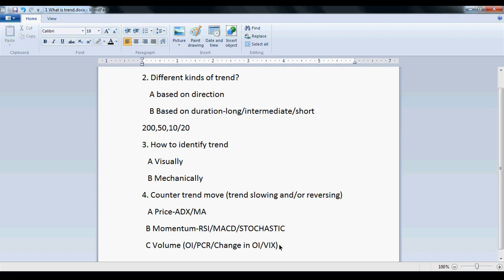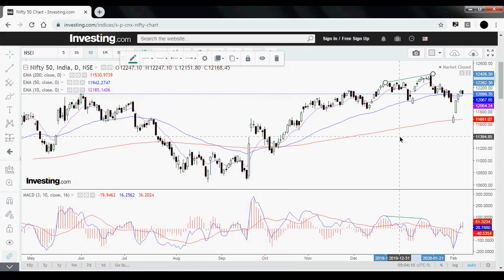So hopefully today's session will help you identify the trend using the higher highs, higher lows, lower highs, lower lows pattern, and also you can use the mechanical way, that is through moving averages, to identify the long term, intermediate term and short term trend.